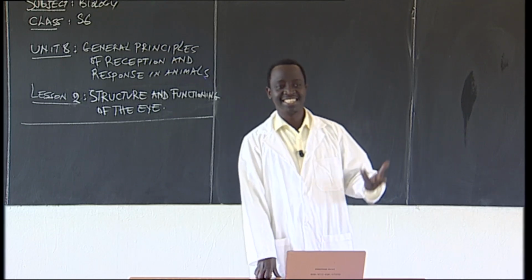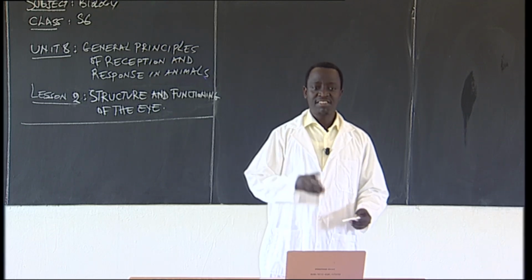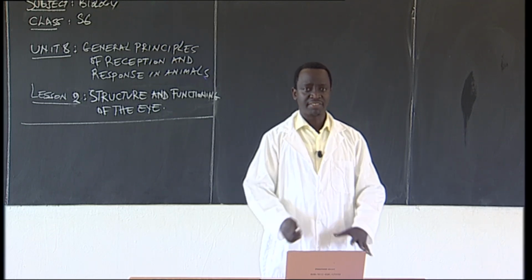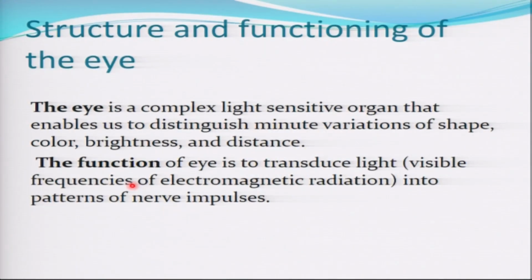That is the eye. What is the function of the eye? What is the general function of the eye? It is to transduce the light, or visible frequency of electromagnetism, into a pattern of nerve impulses. This eye, as I have said, has photoreceptors that are located on the retina.